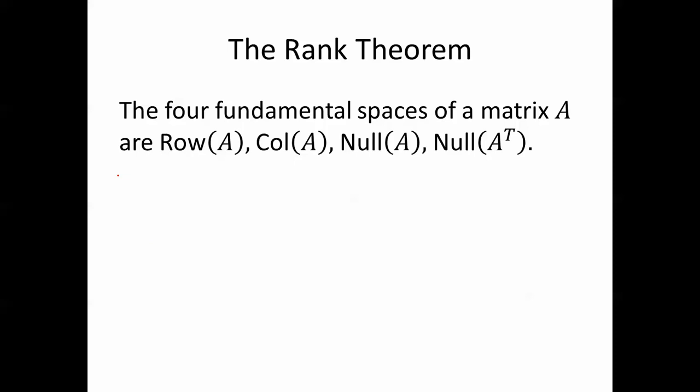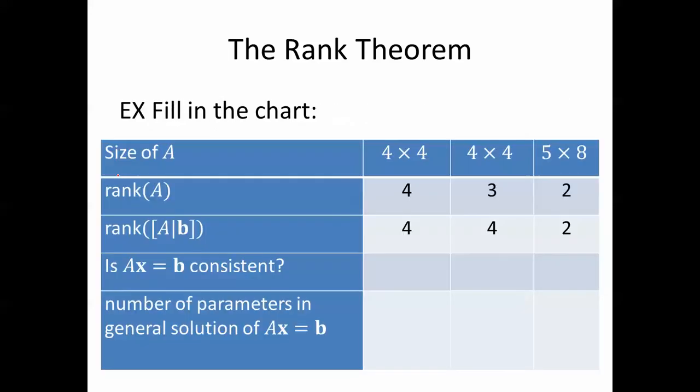The 4 fundamental spaces of a matrix A are the row space of A, column space of A, null space of A, and null space of A transpose. Let's fill in this chart. Let's say we have these 3 matrices, and the rank of A is given over here, and the rank of A with B appended to it is given here.